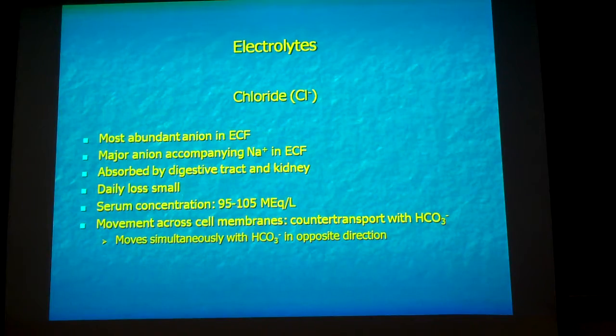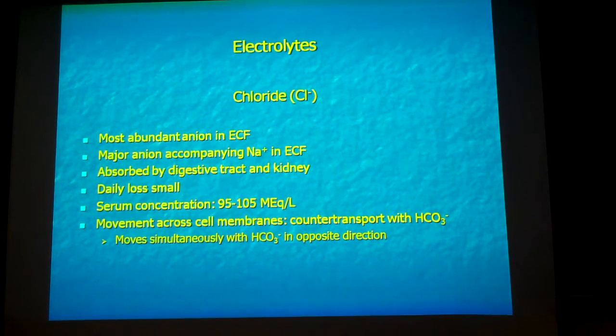Remember we talked about how things move across the cell membrane, and we said one of the ways through these protein carriers and channels is by counter transport, that you have two things moving in opposite directions at the same time across the cell membrane. Chloride typically moves with bicarbonate ion.